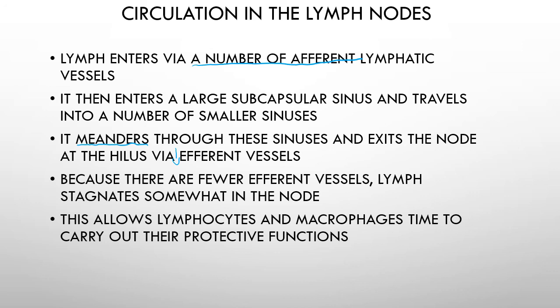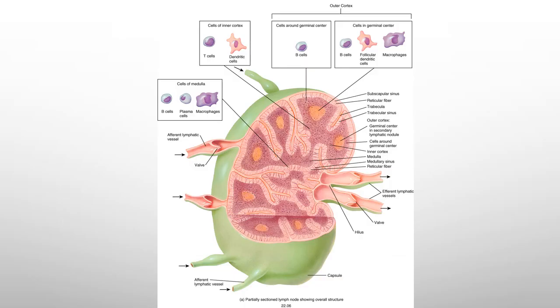And so we have fewer efferent vessels, slowing down that fluid flow through it, and gives all of those T cells, B cells, dendritic cells, plasma cells, antibodies, and macrophages plenty of time to potentially destroy anything that is not meant to be there. So that when it comes out the efferent side, we've essentially got cleaned lymph as it exits that particular lymph node itself.